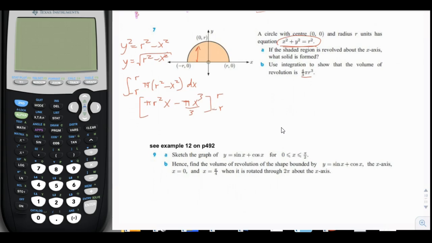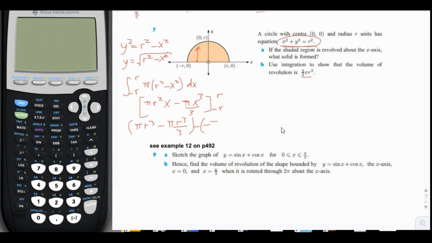So we're going to plug in r for x here, and we're going to get pi r cubed minus pi r cubed divided by 3. And then we're going to subtract this expression evaluated at negative r.